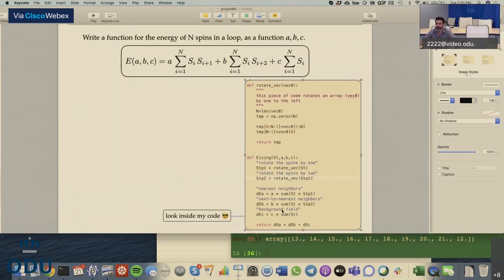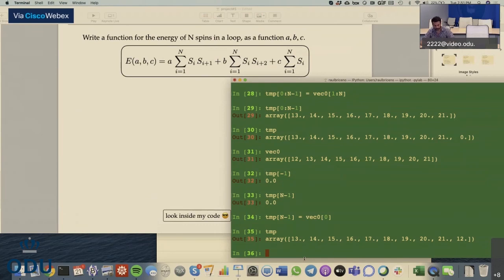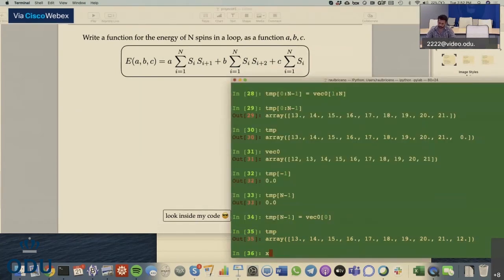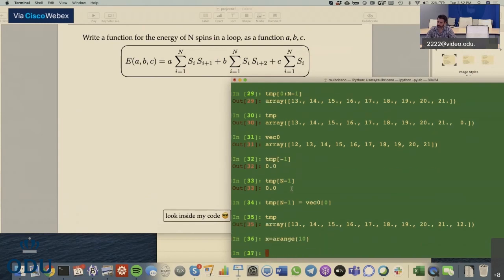And so now the expression for obtaining this energy is quite simple. I just break it up into 3 different terms. The first one is a nearest neighbor interaction, and it's just A times the sum of the product of ST times ST plus 1. Okay, if you're not familiar with products of arrays, just play with it. So let's just grab this function arange.